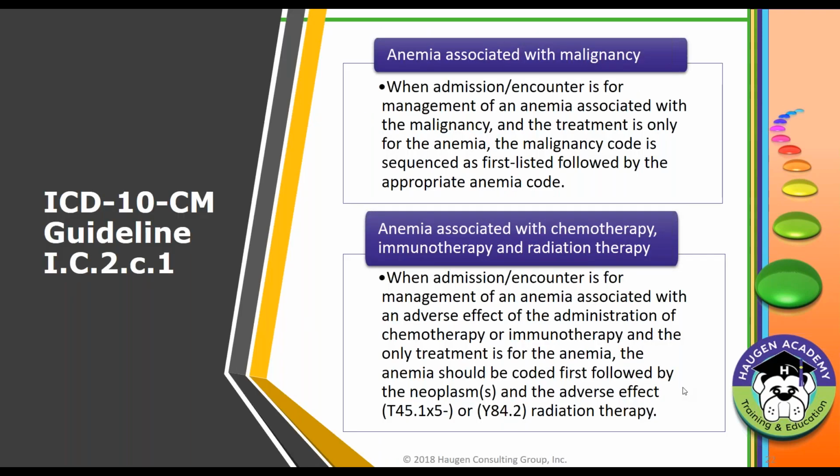Right here, this one. It's this very top guideline. When the admission encounter is for management of anemia associated with the malignancy and the treatment is only for the anemia, the malignancy code is sequenced as the first listed code followed by the appropriate anemia code. So that's why the answer was B on that question.